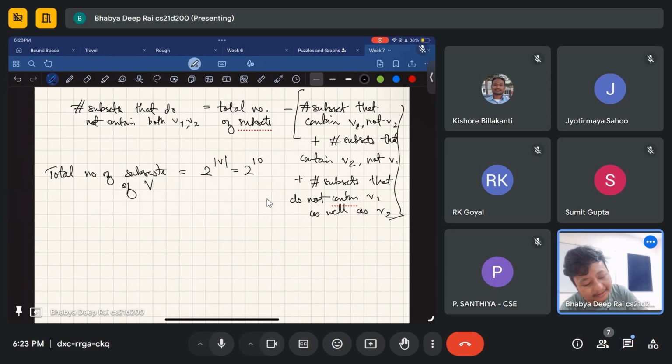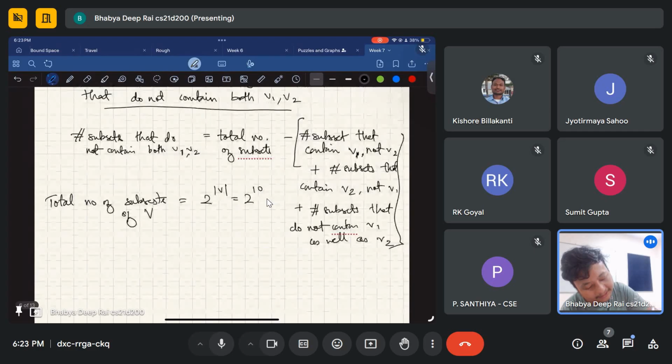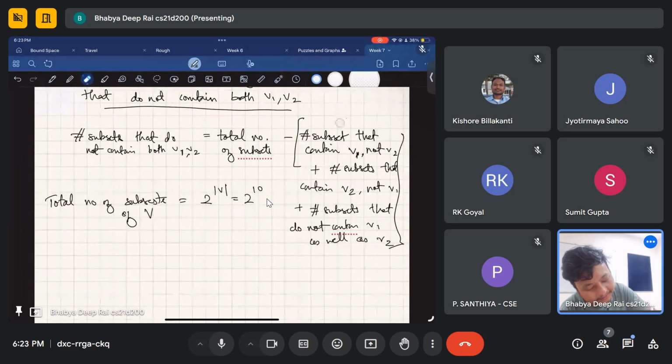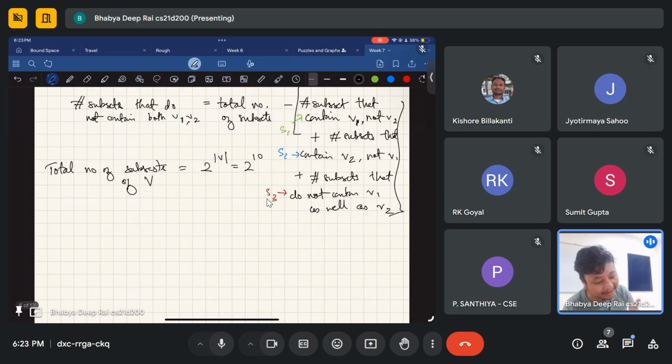Now the number of subsets that contain v1 but not v2. Let me call this s1, this s2, and this s3. So what is s1? The number of subsets that contain v1 but not v2.